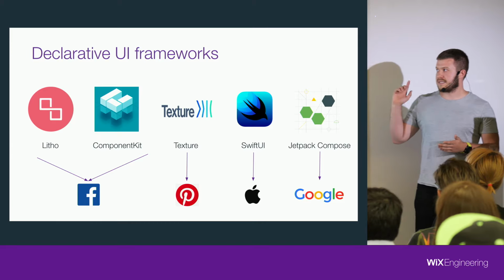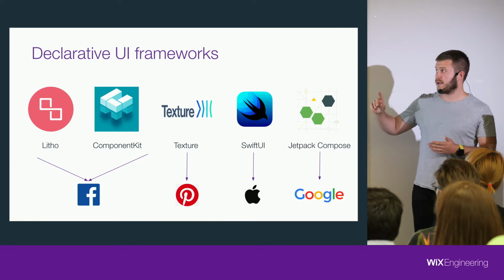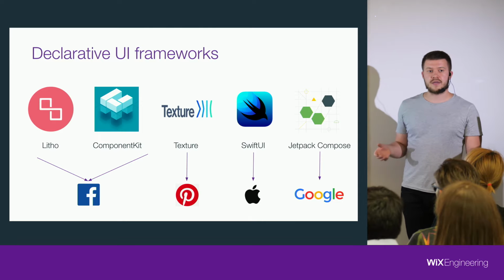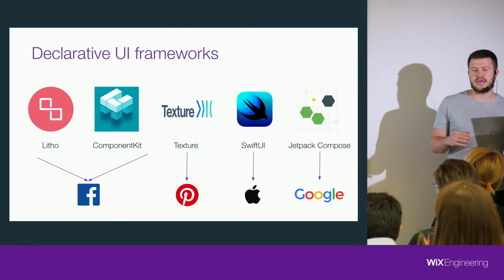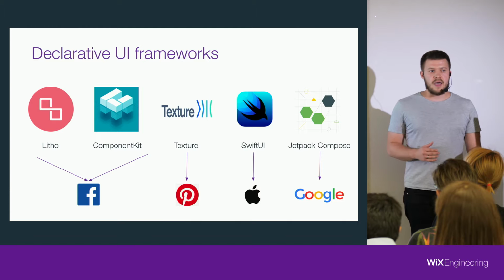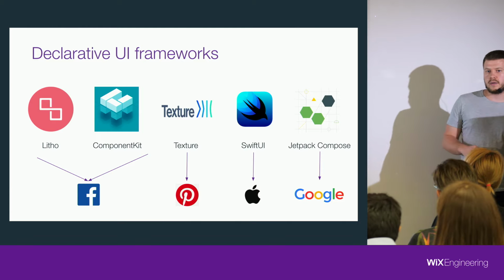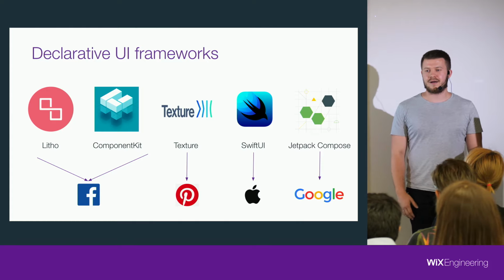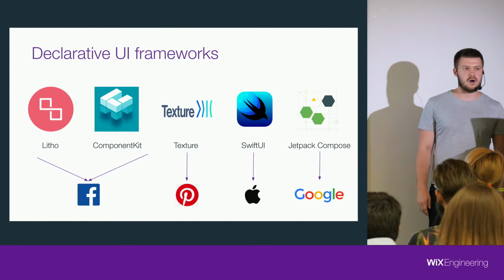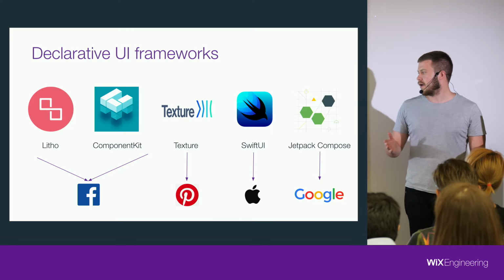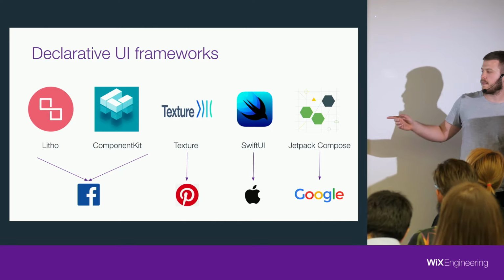And even these kinds of declarative UIs like Litho, ComponentKit, Texture, they try to do many good things, and they do it, but they use the old UI toolkit. And 1 month ago, Google, I cannot say released, but they presented a proof of concept of a new runtime and new UI toolkit. It's Jetpack Compose.